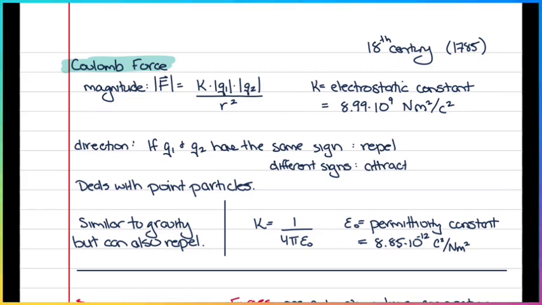Then gravity was kind of like, well, actually, this weird thing seems to be going on with gravity where they aren't touching one another. I can drop a ball and it's pulled towards the Earth even though it's not touching the Earth, at least initially. Same thing seems to be going on with these charges. Two charges can exert a force on one another even though they don't seem to be touching one another.